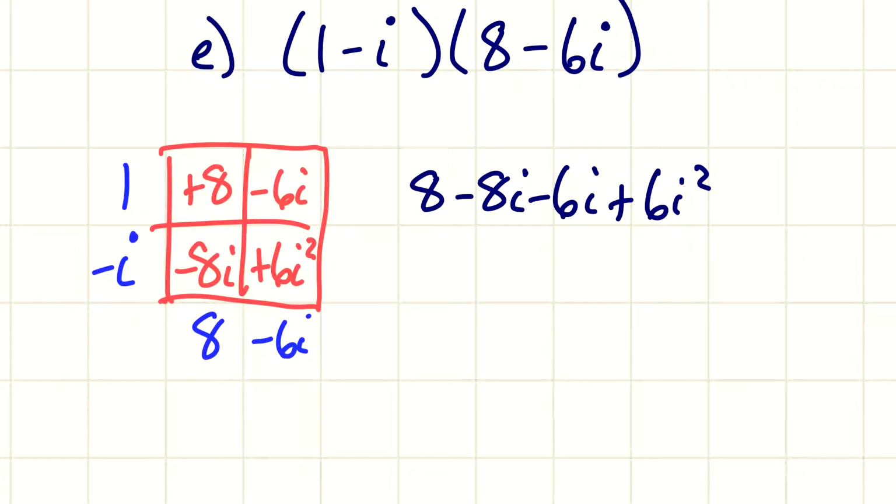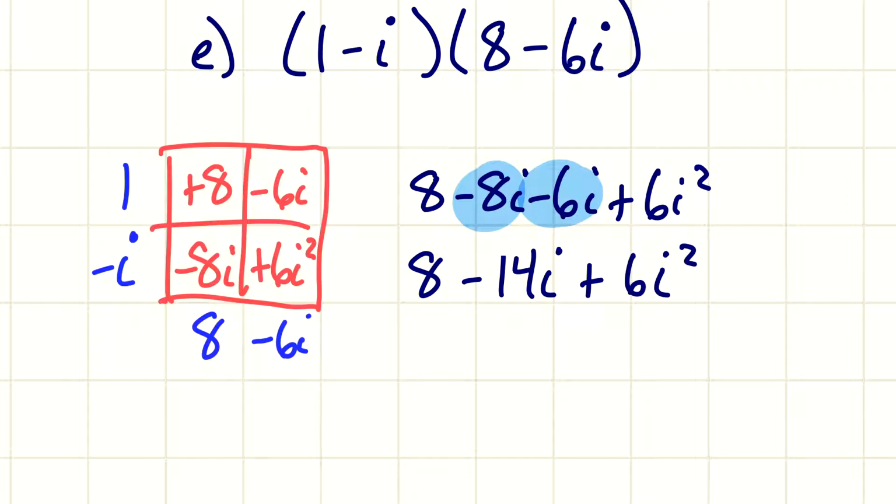And then I'm going to combine things that I can. The only thing I see so far I could combine is these two in the middle. So I'm left with 8 minus 14i plus 6i squared. All right.